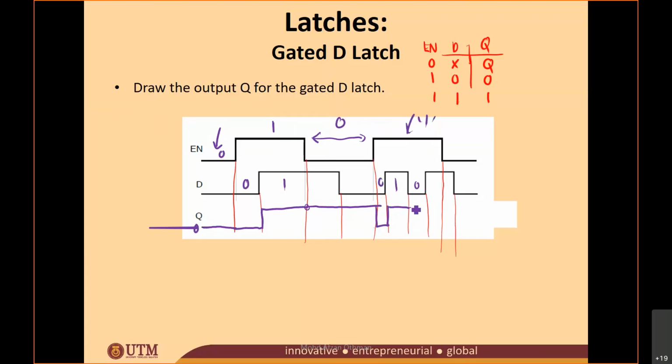And kosong, and it will become 1 kat sini. Okay, and then what happened here? D is kosong. So from here to here means that the output of Q no change. So dia akan jadi 1. So this is the lukisan lah of the timing diagram output for the output Q of the gated D latch.